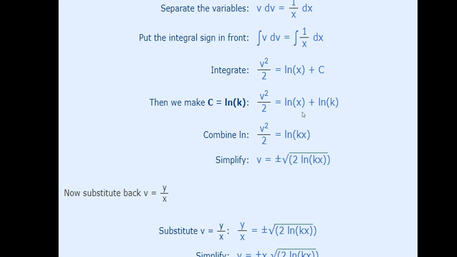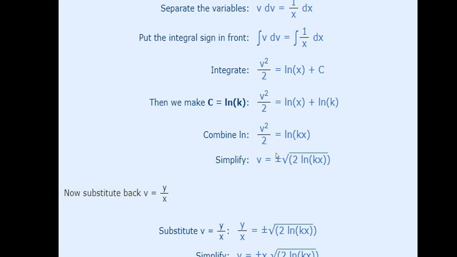Okay, so we made use of the property of the ln here to simplify the ln of x plus ln of k to this expression. Now, do you remember the manner in which we write our solution explicitly? So I want v to remain here.